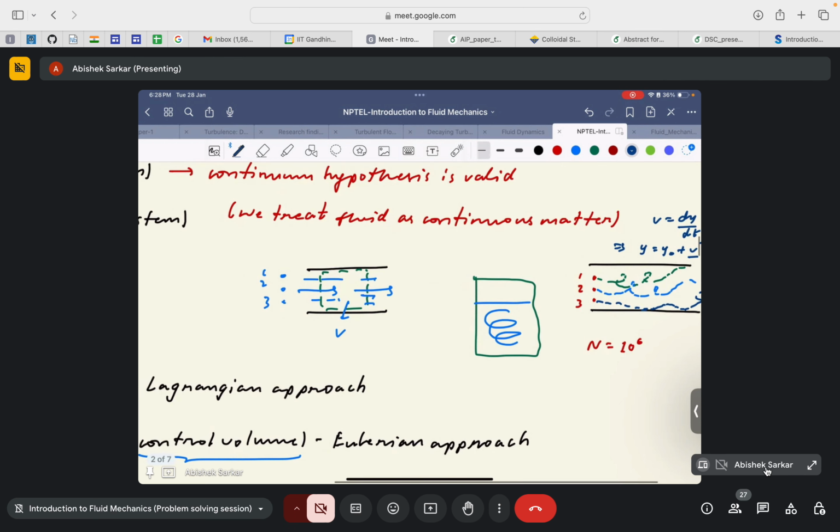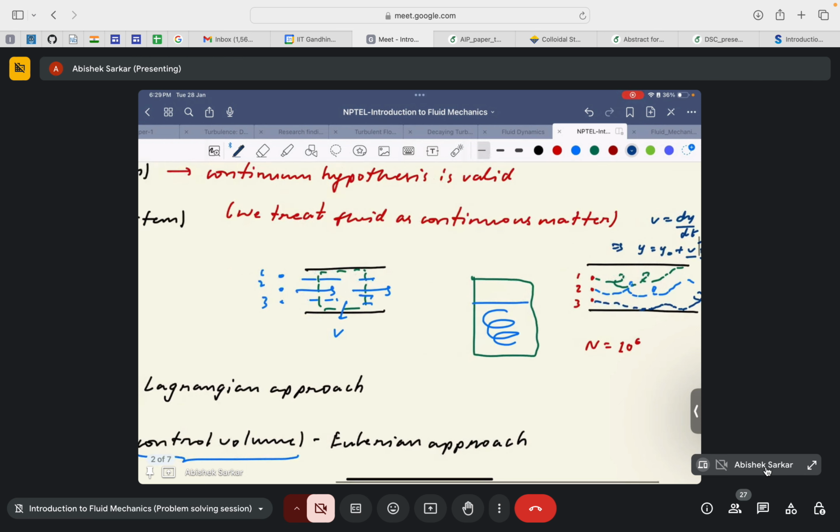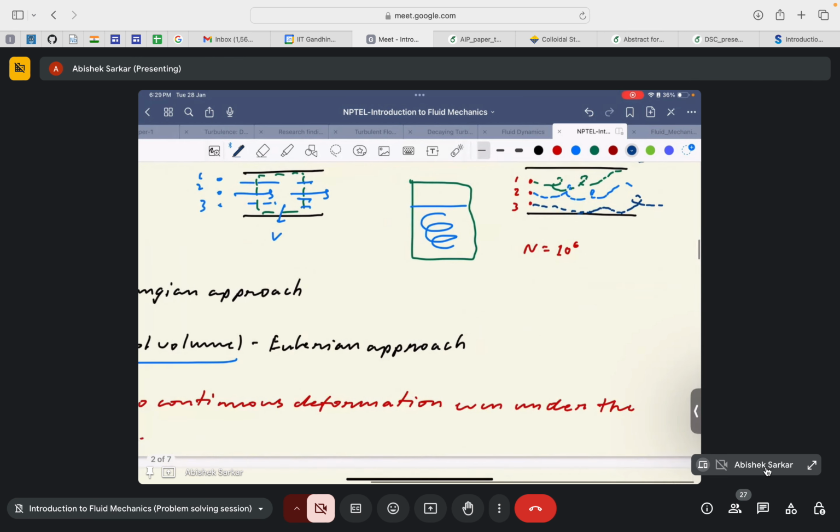And similar properties are relevant in the case of the Eulerian approach as well. But in this case, rather than focusing on each and every particle, now we are interested in the bulk flow of the fluid. Okay, so now what we do is we consider the same geometry, that is the pipe, and now we consider a particular region.